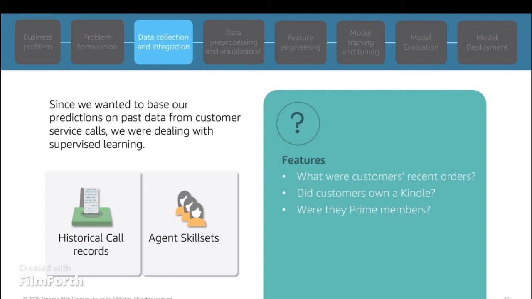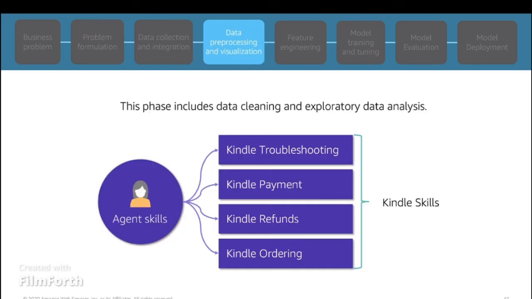The data we needed for this came from answering questions like, what were customers' recent orders? Did customers own a Kindle? Were they Prime members? The answers to these questions became our features. We then moved on to the data preparation or pre-processing phase.